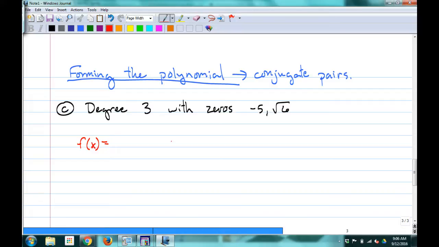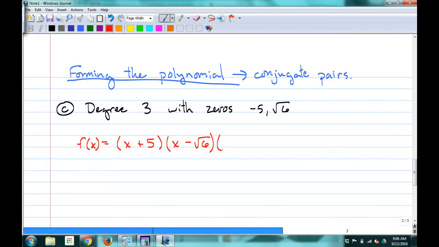What we know is that negative 5 is a 0. So what's the factor that goes with that? x plus 5. Square root of 6 is a 0, so the factor that goes with it is x minus the square root of 6.